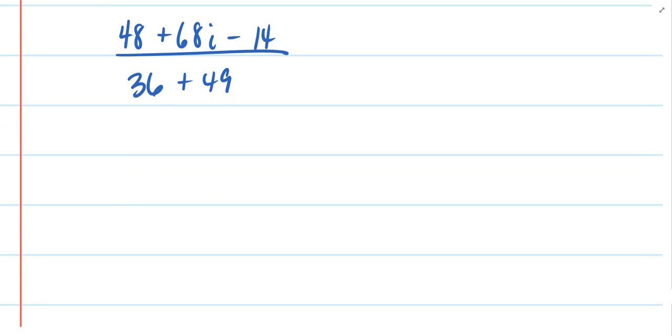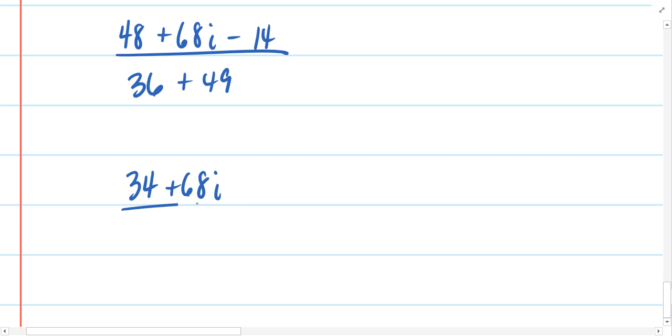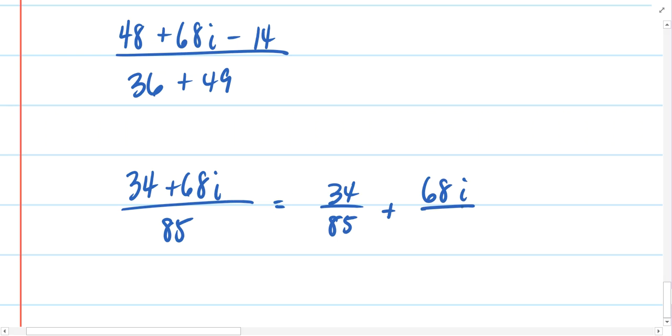And finally, 48 minus 14 is 34 plus 68i. And 36 and 49 makes 85. That's okay as a final answer, but the better final answer would look something like this. 34 over 85 and 68i over 85.